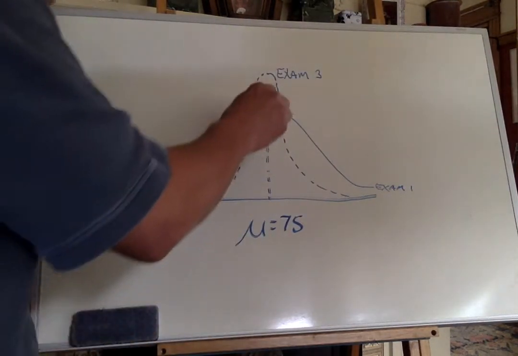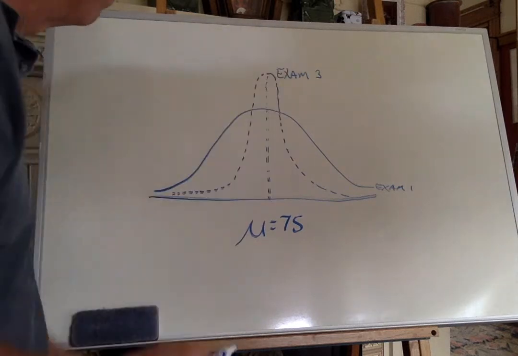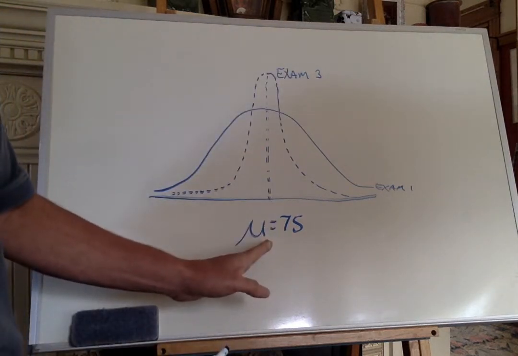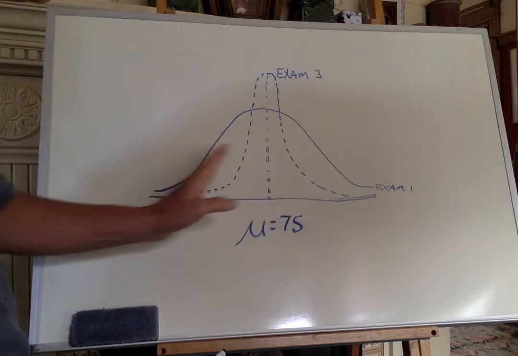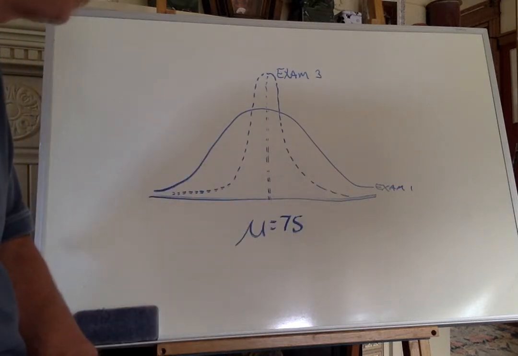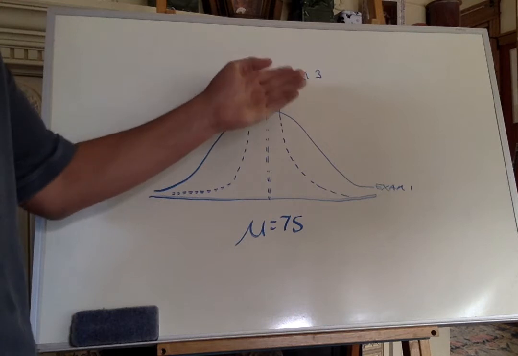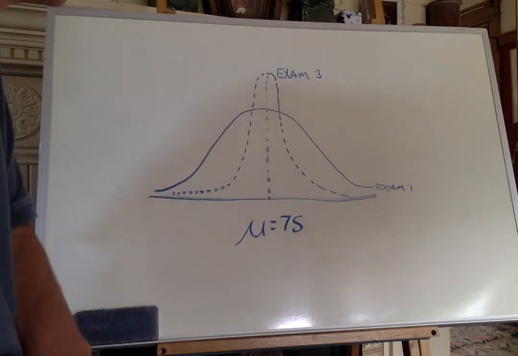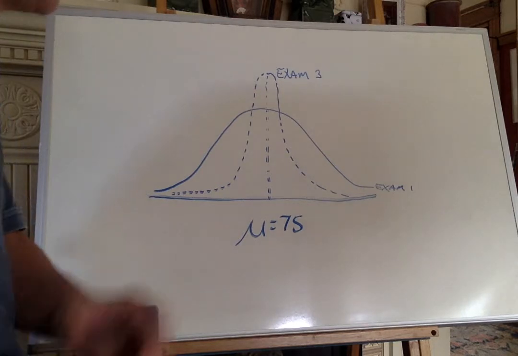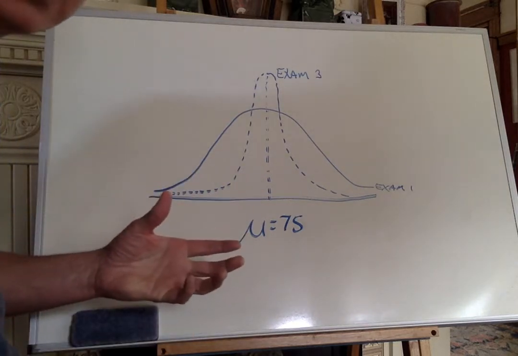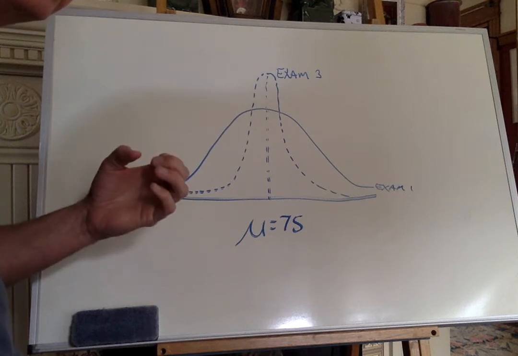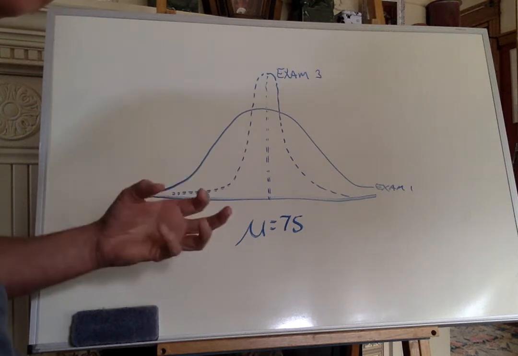So this again has a mean of 75, but the solid line represents a standard deviation of 10, and the dotted line represents a standard deviation of 3. Okay, so that's what we have. This would be a graphical representation of those two distributions.